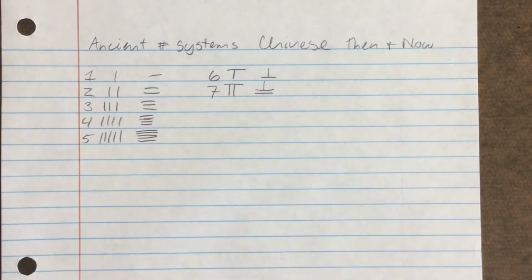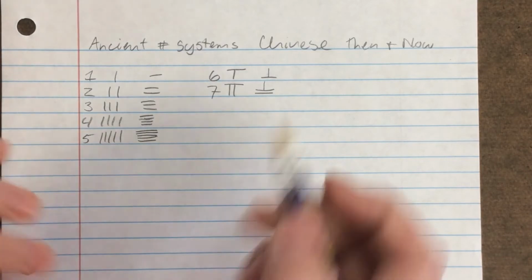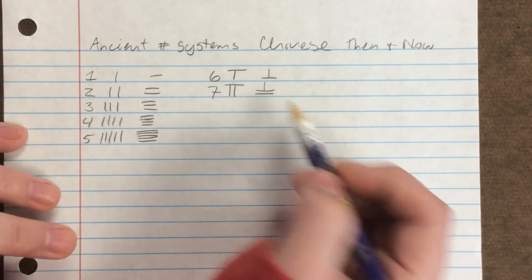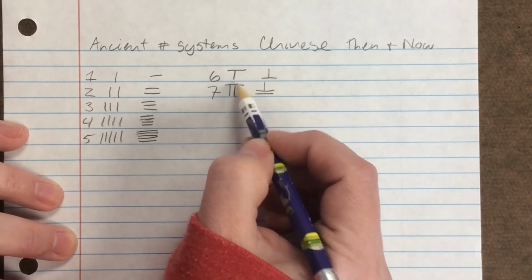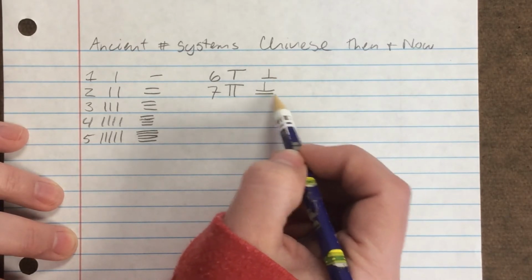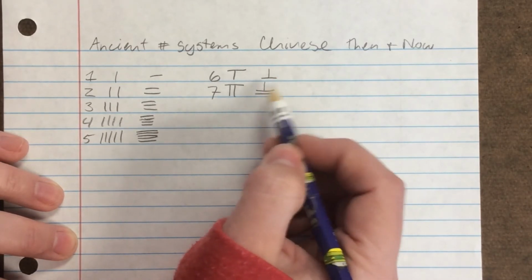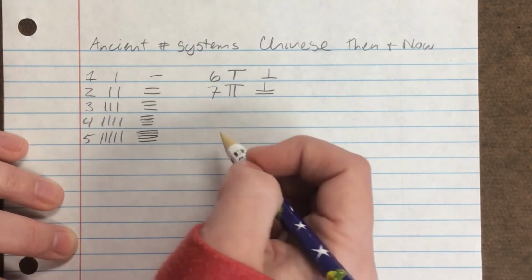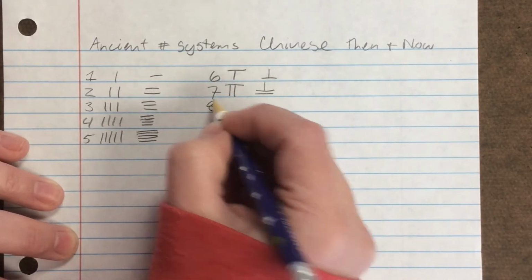So you can still see there's some indication that in this way the bar is 5, and then the other ones are ones.